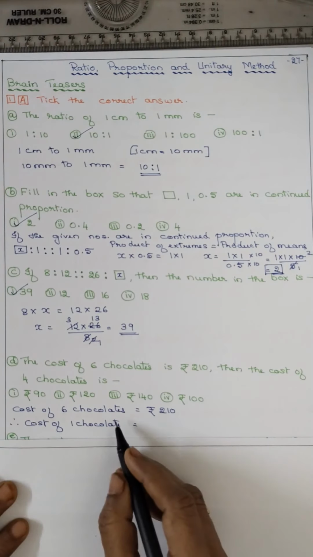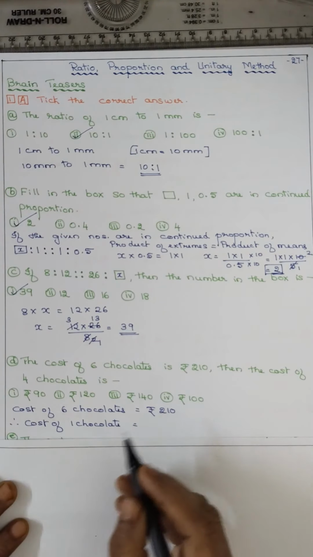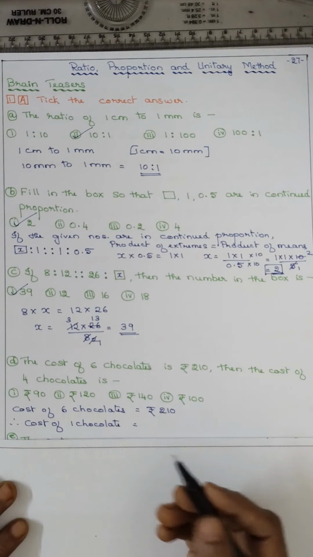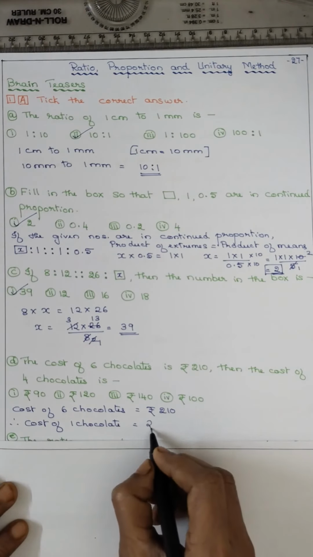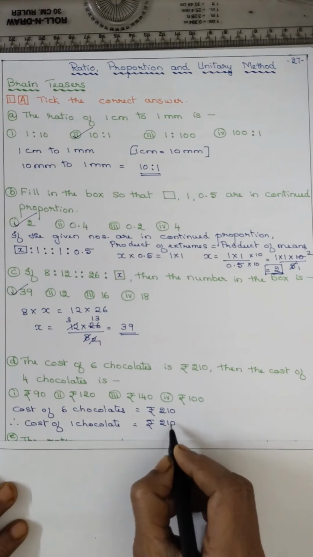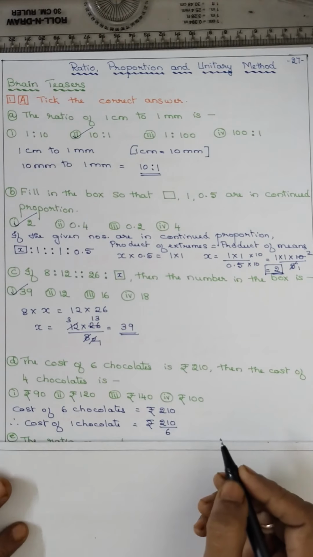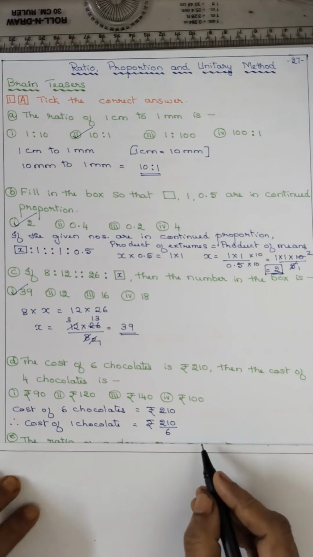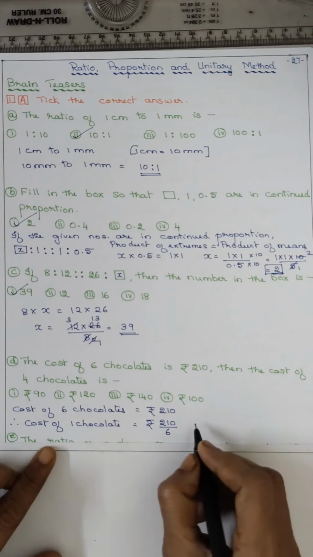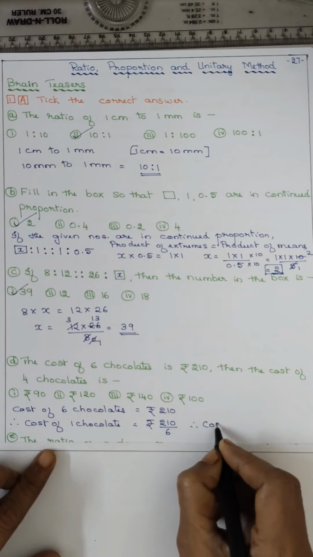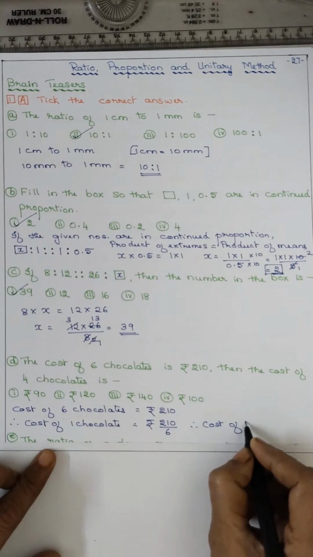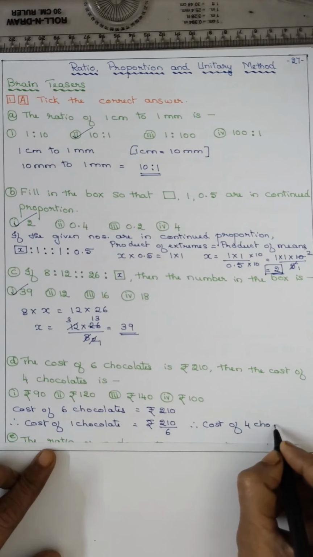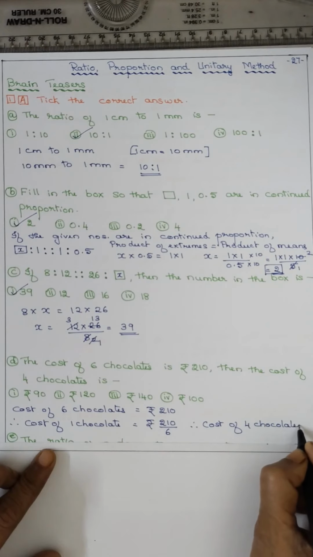the value of the cost of more chocolates given, the cost of 1 chocolate, division, 210 upon 6. So keep it like that only, because in the next step it is multiplication. So cost of 4 chocolates. What we have to do?